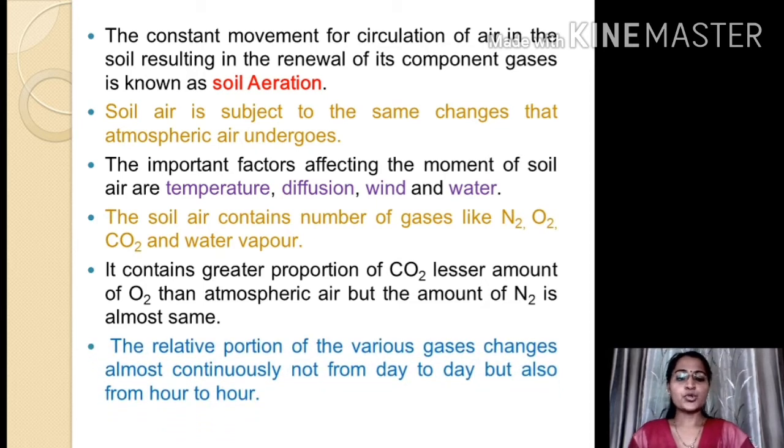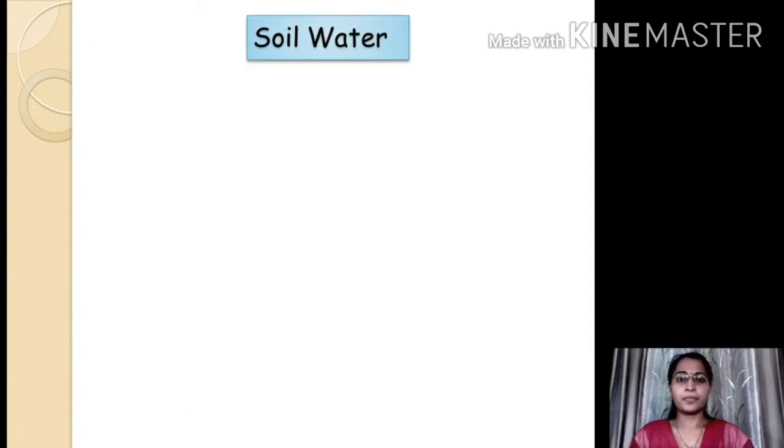The relative proportion of the various gases changes almost continuously, not only from day to day but also from hour to hour. Now, after seeing the soil atmosphere, we want to focus on soil water.